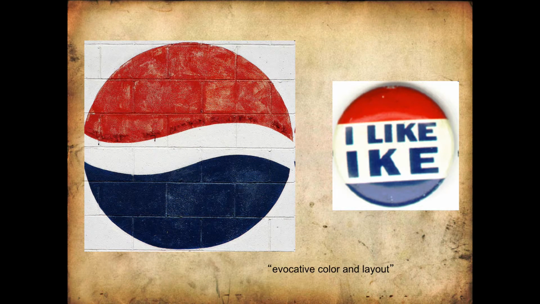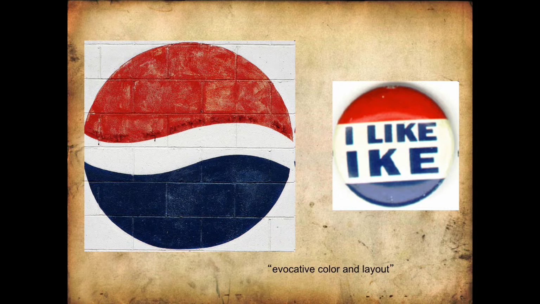So let's take a look here for a second. We talked about color symbolism, and we talked about just representing different things. On the right, you have a campaign button from Dwight Eisenhower's presidential campaign in the 1950s. It's arranged a very specific way. We don't really care if it says "I like Ike."